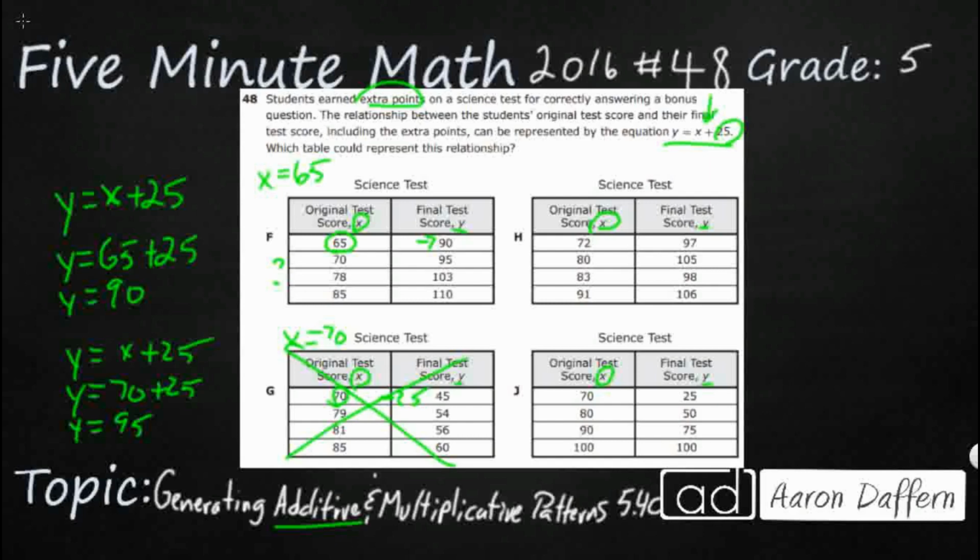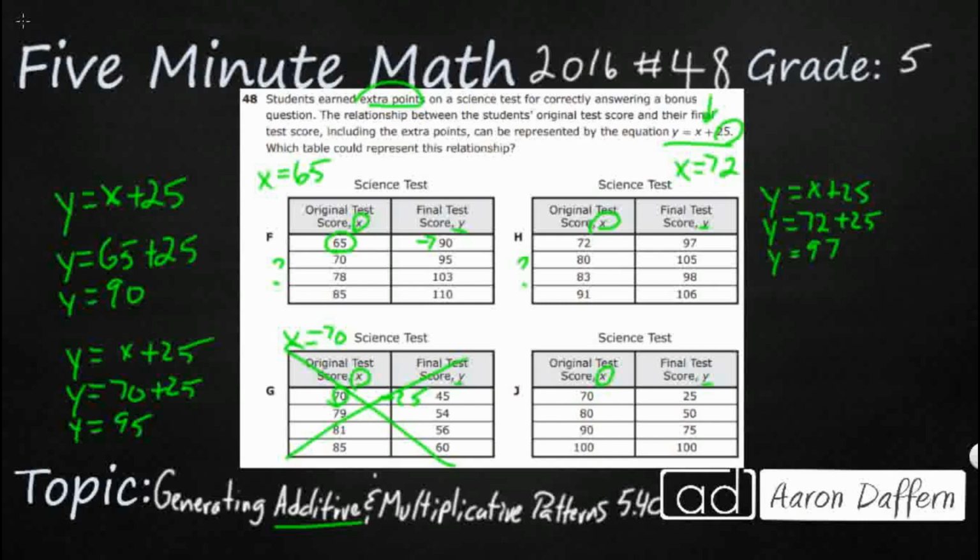So G is out. Let's check our H. Let's let x equal our 72. And we are going to say y equals x plus 25. Substitute in that 72, add that to 25, and we're going to get 97. All right, so H is a possibility.